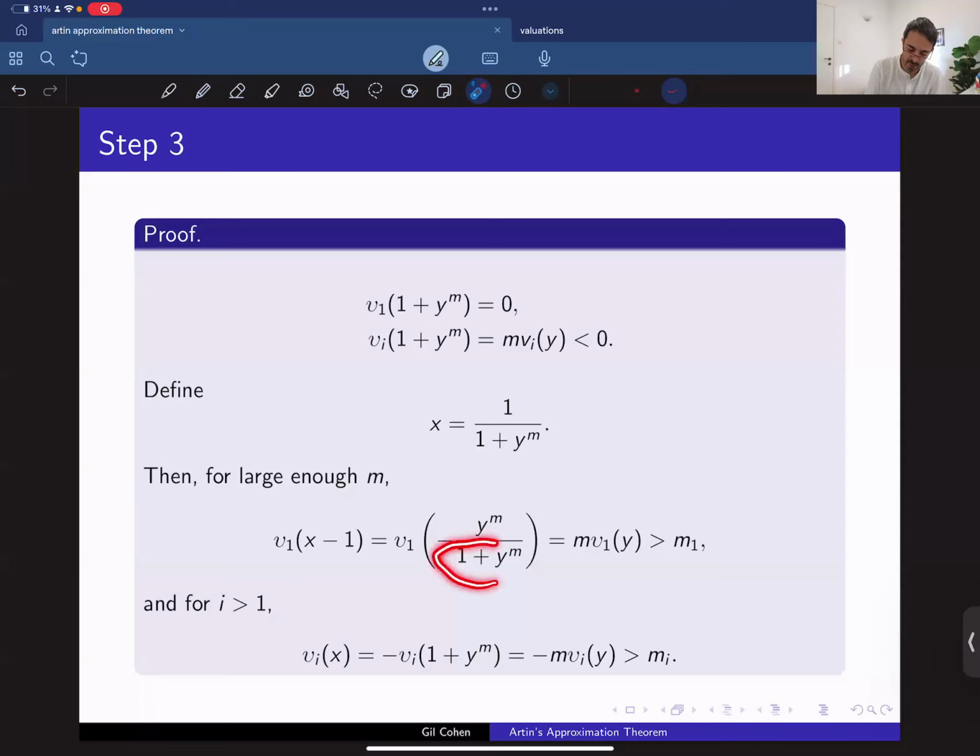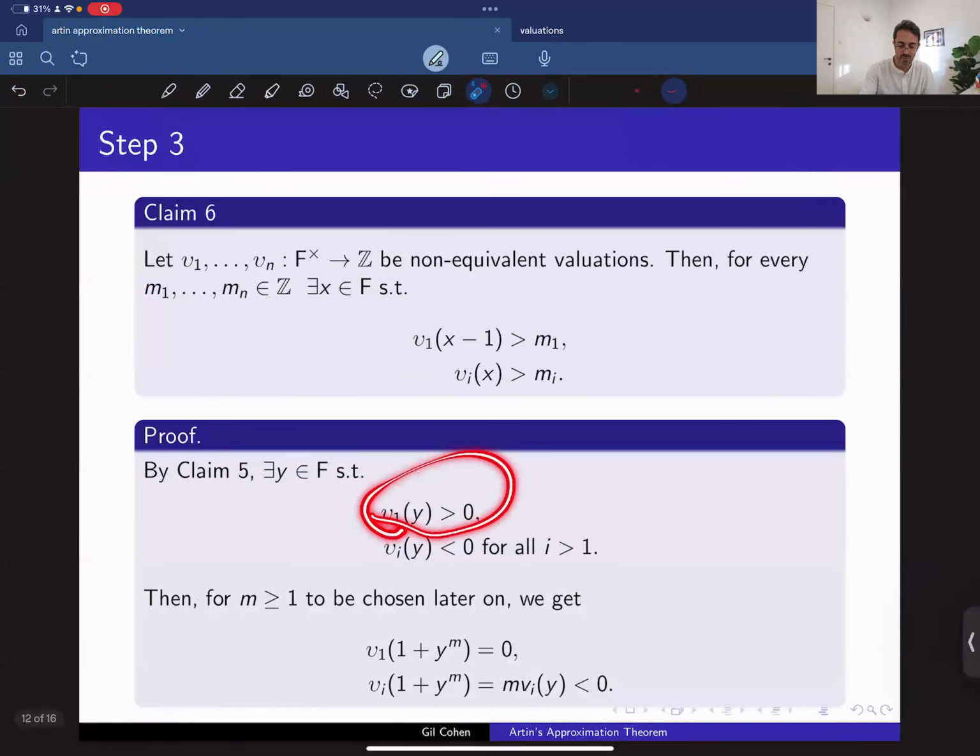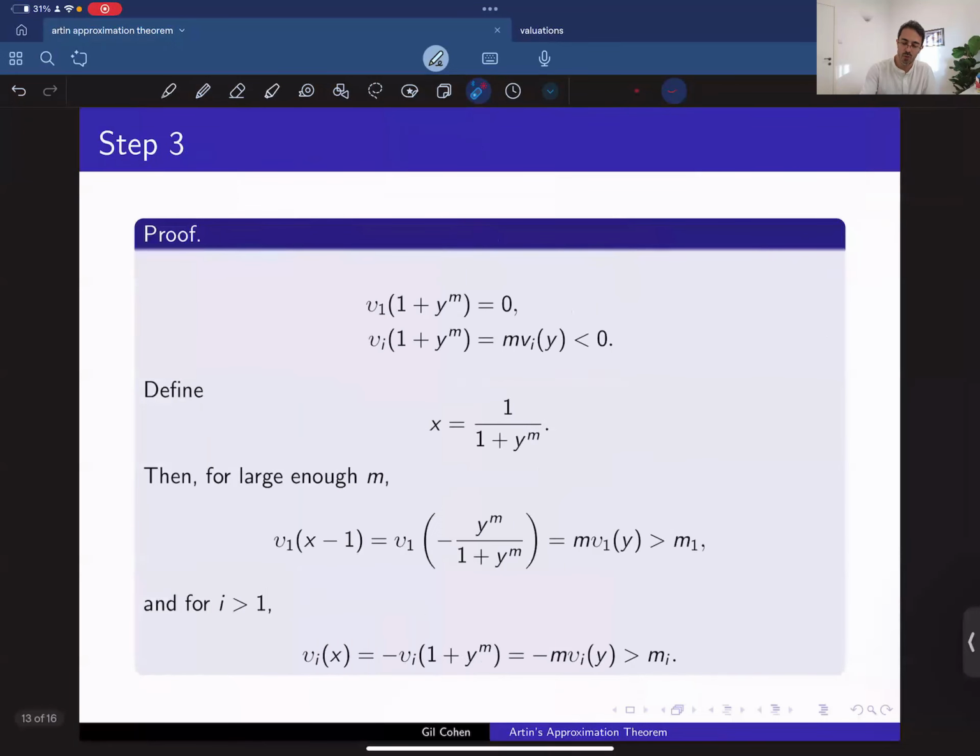But v1 of that is 0, if you remember. So all of this is really just the valuation of y to the m, namely m times v1 of y. And if you remember, v1 of y is positive. And so you can choose m such that m times v1 of y is strictly larger than the prescribed value m1, right?